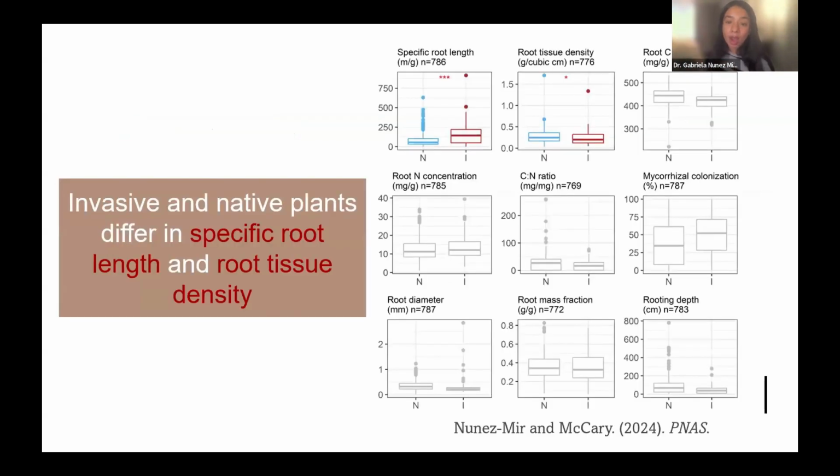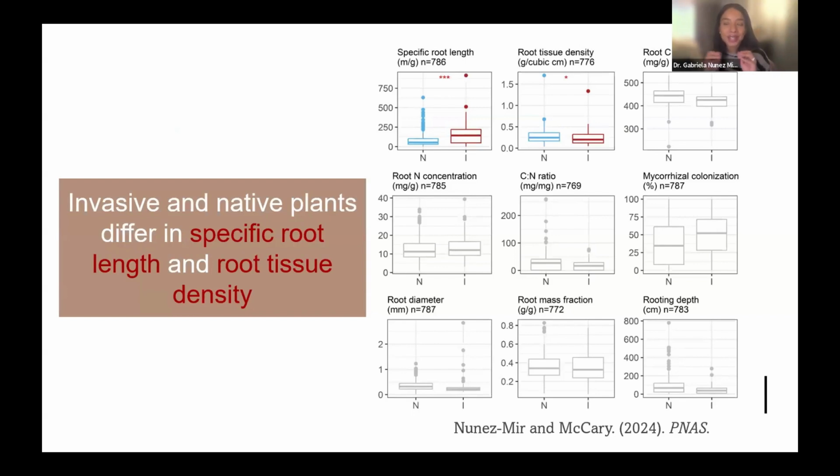like this. So we had whether they were invasive and whether they were native, and we compared all those 9 traits that I showed you earlier, to see if they were different from each other. And we found that invasive plants actually had higher specific root lengths than native plants and lower root tissue densities.